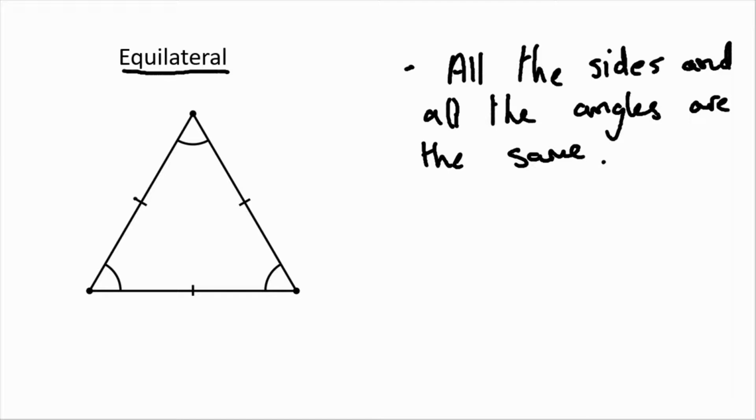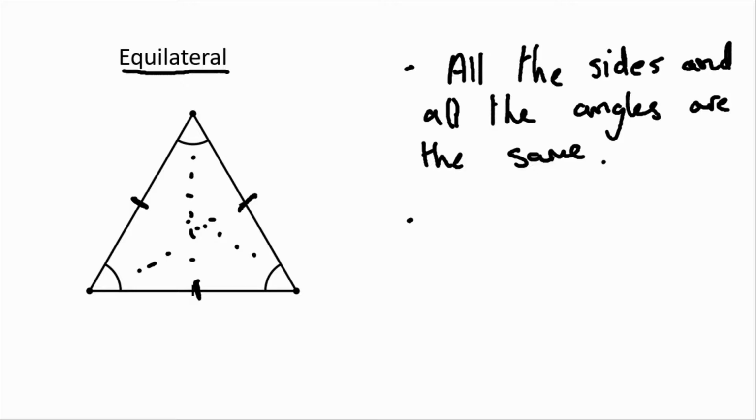And you can see that all the sides are the same by these dashes. They are saying all the sides with this dash on are the same. And so the angles opposite will also be the same.